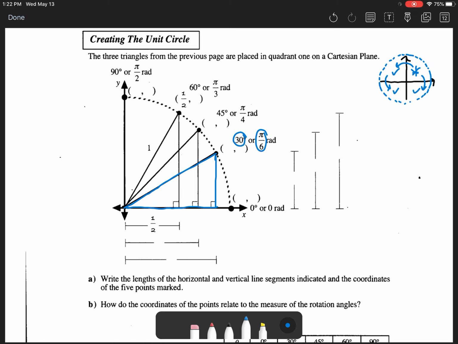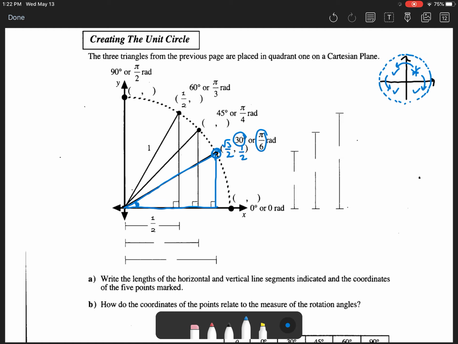So when I have a right angle triangle with a 30-degree reference, down here like this, there's your 30-degree reference angle, or pi over 6 radians, you need to know the dimensions of that 30-degree triangle. If you look at your 30-degree triangle from the other page, it's going to be root 3 over 2 and 1/2. So those would be the dimensions of that triangle. That's how you would get to this point right here that I've circled.